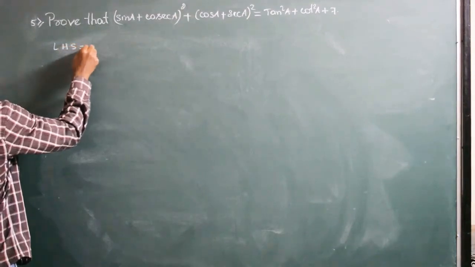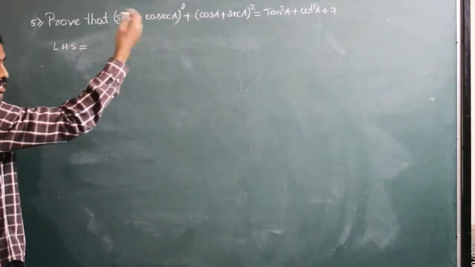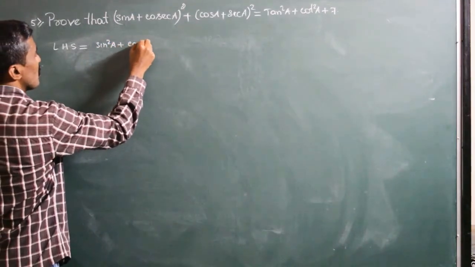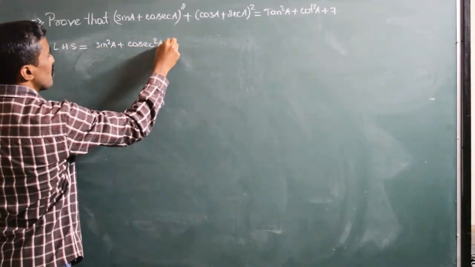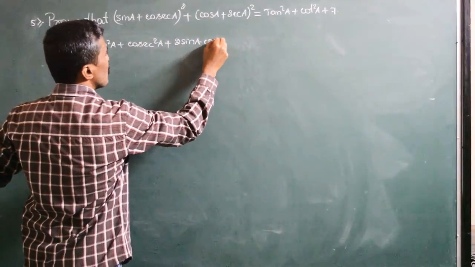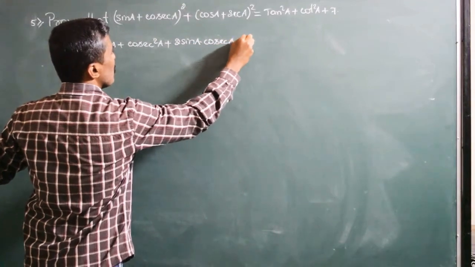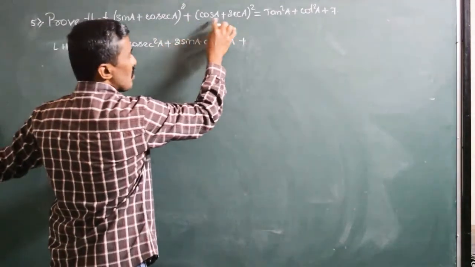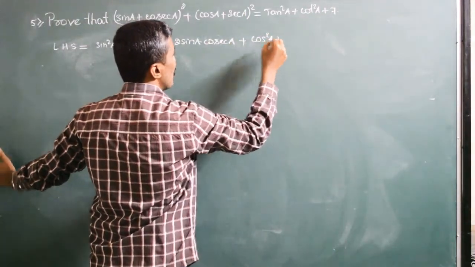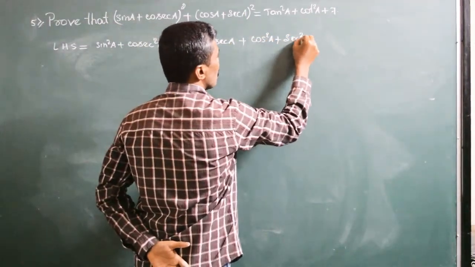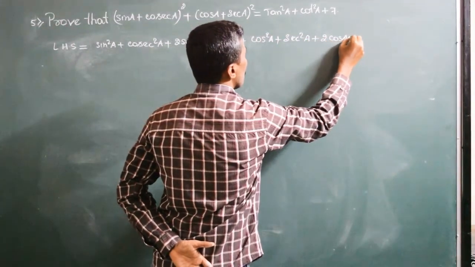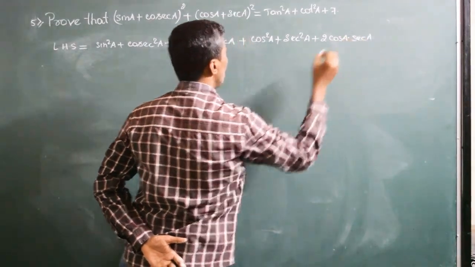LHS is equal to sin A plus cosecant A whole square: sin square A plus cosecant square A, that is A square plus B square plus 2AB, 2 into sin A into cosecant A, plus A plus B whole square. Once again, A is cos, so cos square A plus secant square A plus 2 cos A into secant A.